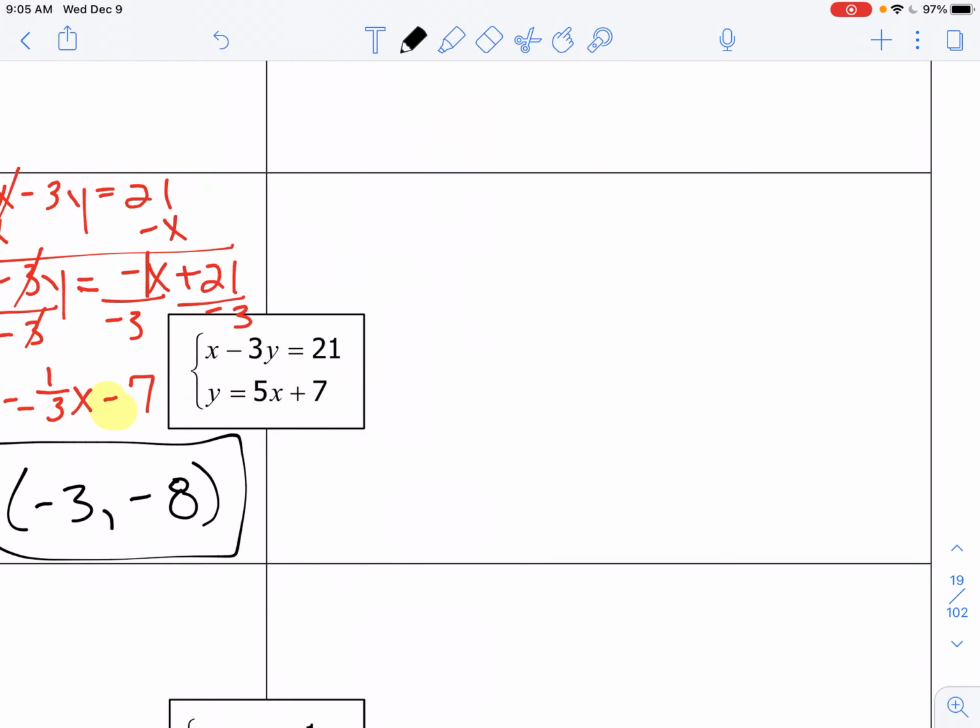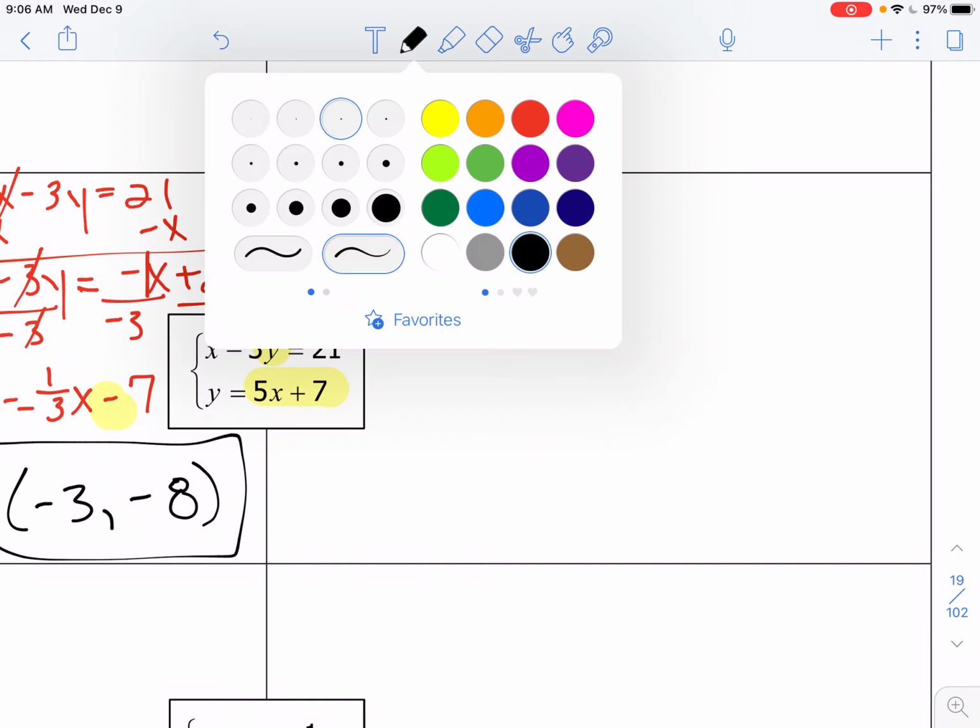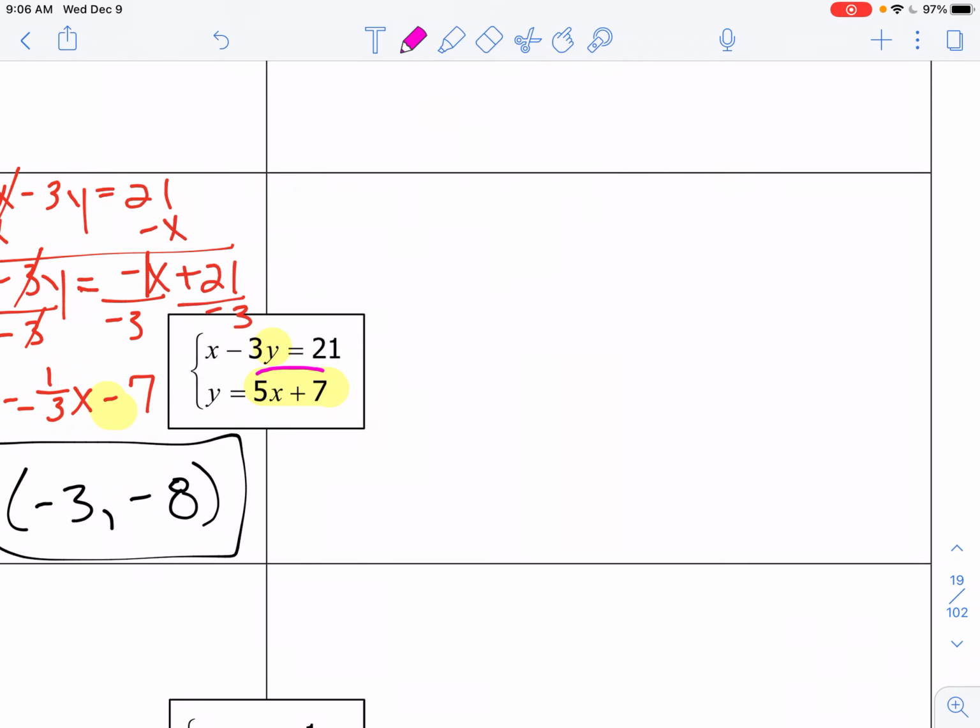All right, so what I see here is I can use that original equation even though it's not in slope-intercept form. And what I'm going to do is I'm going to take this value of y. The value of y is highlighted here. Well, I can use that value of y to plug into the y of the other equation. So I'm going to change my color. I'm going to circle this value of y and plug it into y of the other equation.